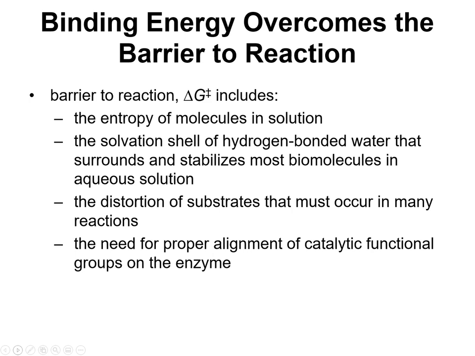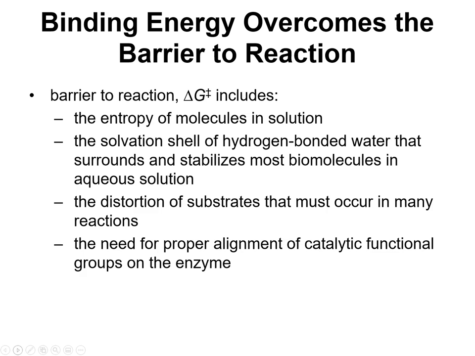Then we've got the solvation shell of the hydrogen bonding, with the water and all the different things that are in solution that are potential substrates. Removing that water so that the substrate can bind is also unfavorable. The substrates usually have to be distorted in order for some kind of chemistry to occur. That is also unfavorable. You see the trend here. There's a lot of things that enzymes do that are quite unfavorable.